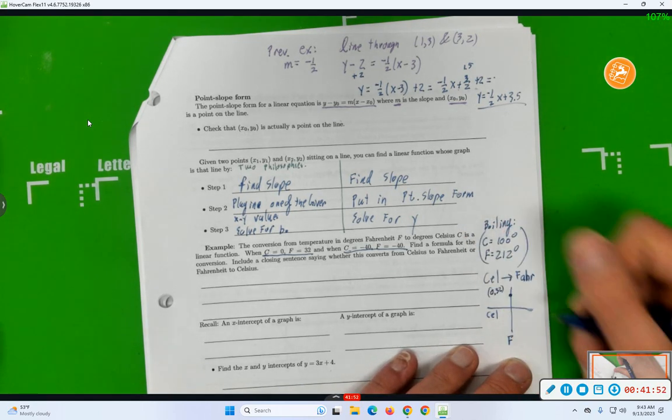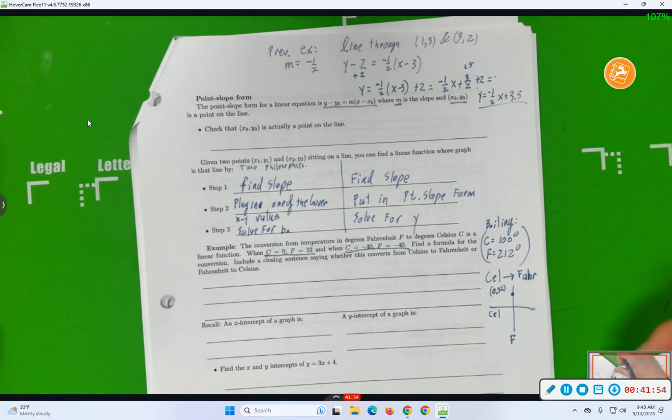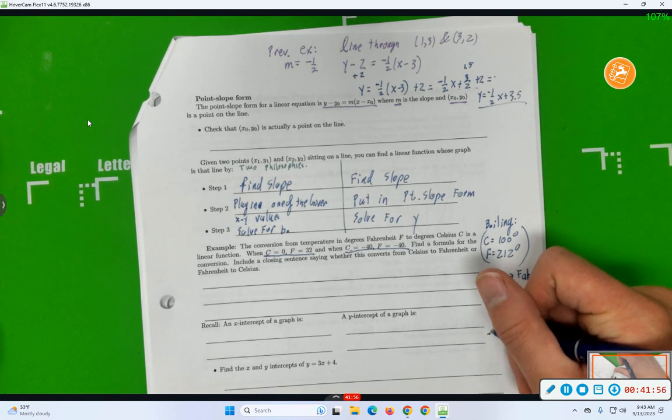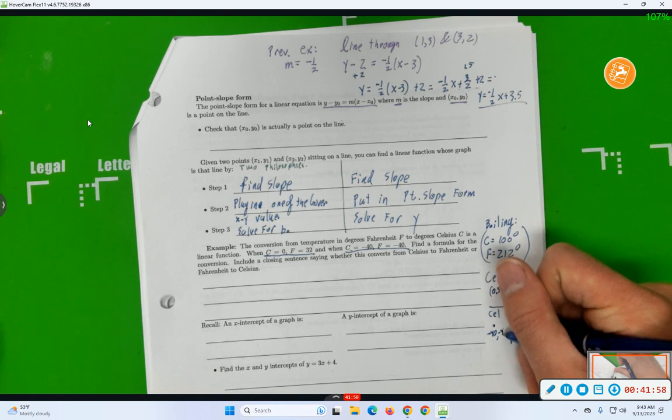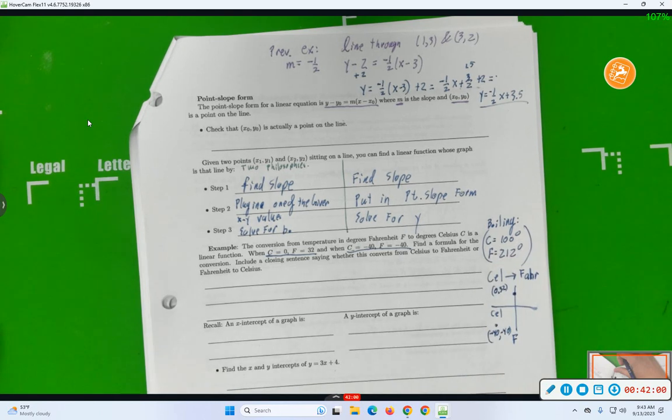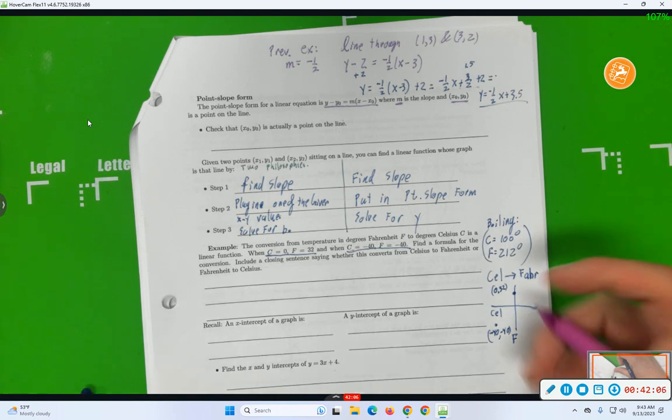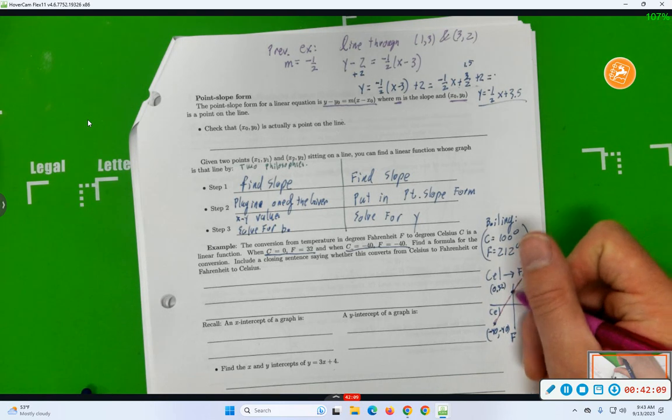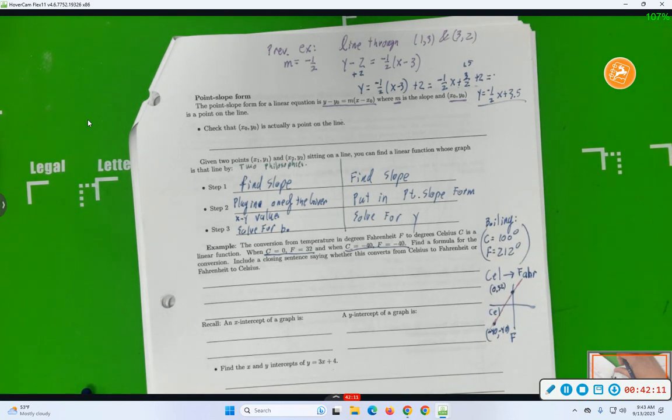And what other point? (-40, -40). I'm not trying to draw that picture to scale. I'm just trying to draw a picture. And the conversion is going to be a straight line.